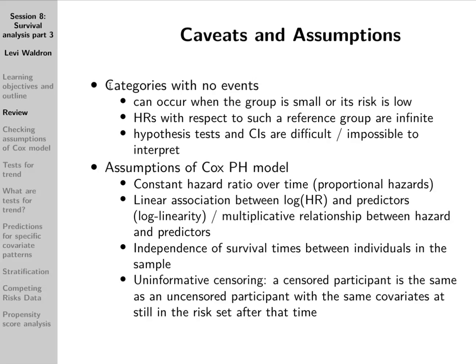So that's something to avoid. You can always make a different group the reference group, and then you'll have a zero hazard ratio instead for that small group. The issue is that because you have no events occurring in that group, then everyone you observe has zero risk. As far as you know, they will all live forever if survival is the outcome.